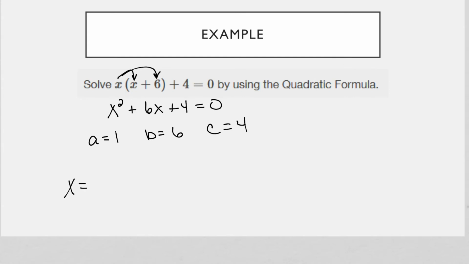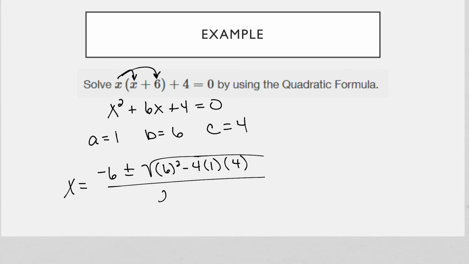So x is equal to negative b, opposite of b, plus or minus the square root of b squared minus 4 times a times c, all over 2 times a. Now we have negative 6 plus or minus, I haven't done that part yet, over 2. So on my calculator, here's what I'm typing in. Open parenthesis, 6, close parenthesis, hit the square button.